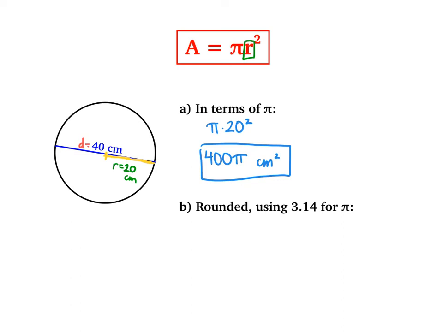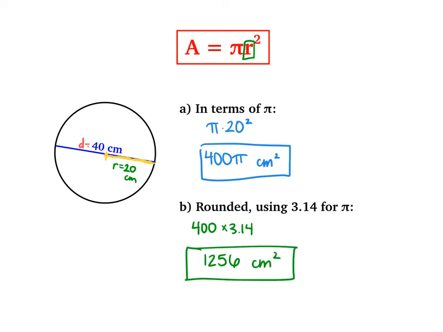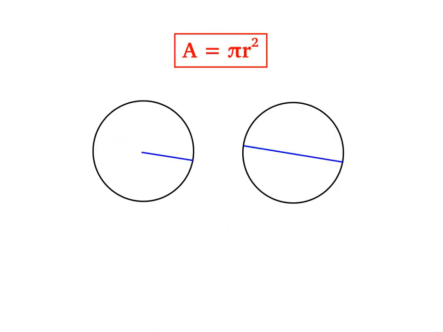For the rounded answer, I would take that 400 and actually multiply it by 3.14. So that gives me a nice whole number of 1,256 centimeters squared. So for this one, the key thing to remember is if you have the diameter, you have to cut that in half first to get your radius, and that's what you can use.